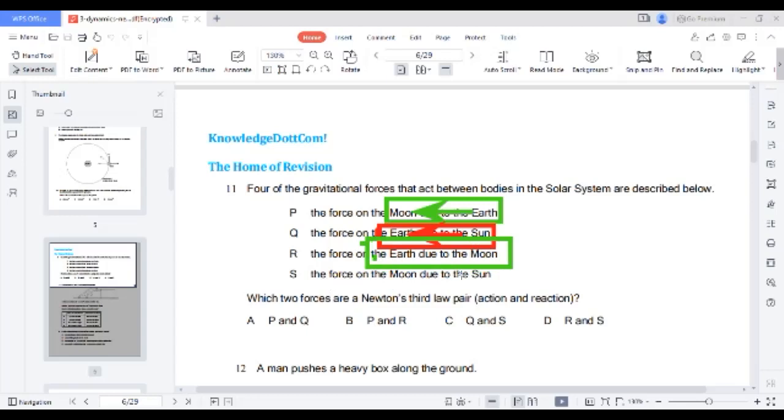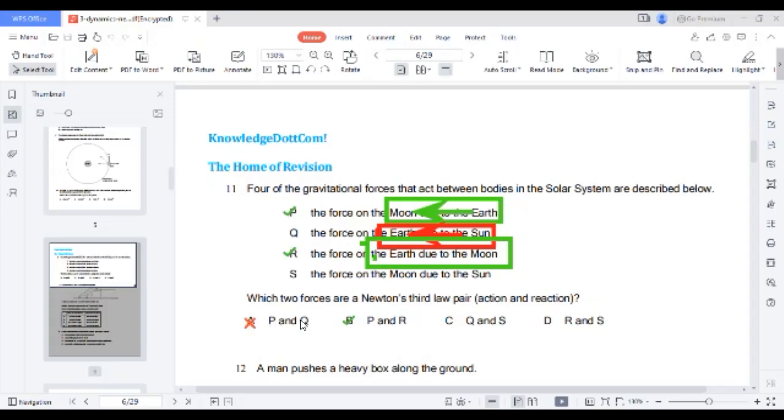The force on moon due to sun is a totally different case. Which of the forces are Newton's third law pairs? This one and this one, where this one is the action force and this one is the reaction force. So P and R are the answer.